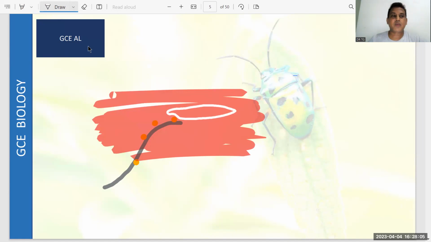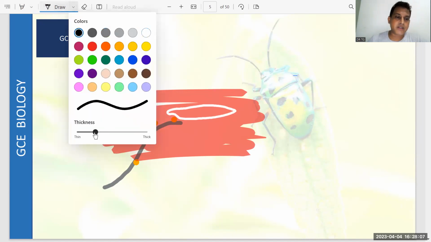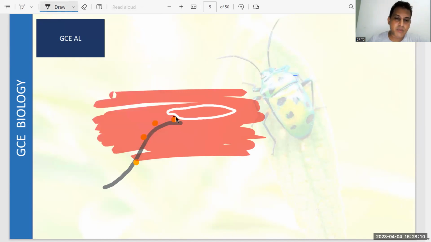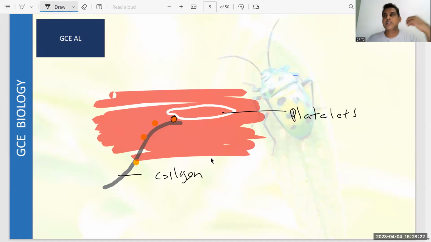That means this is the binding site for collagen, and the binding site fits with platelets. This happens only if collagen is exposed during the damage. So collagen is exposed, collagen has a binding site for platelets, then platelets can bind to the collagen.